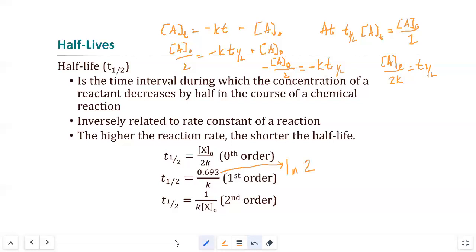So if you're ever stuck in that bind, you don't have the equation sheet right in front of you, or the equation sheet you're looking at doesn't have this on there, understand you can derive it.